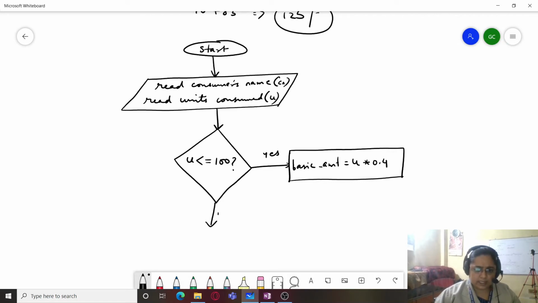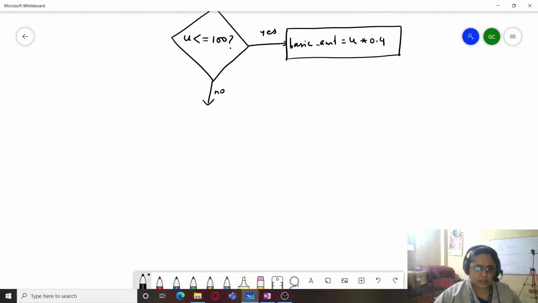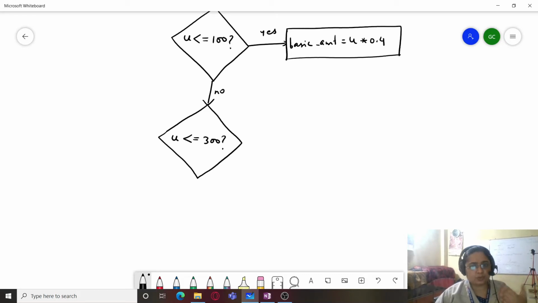And if it is no, that means it falls in the second slab. So we will again draw a decision box and I'll write here U is less than or equal to 300, that is for the next 200 units. If the answer is yes, it means that for the first 100 units you will already calculate, that is 0.4 multiplied by 100 units, which will give you 40 rupees.